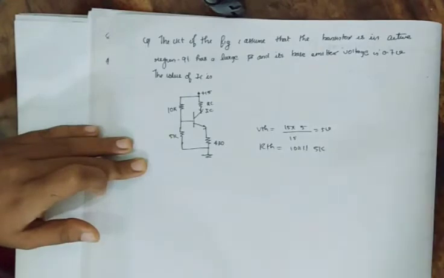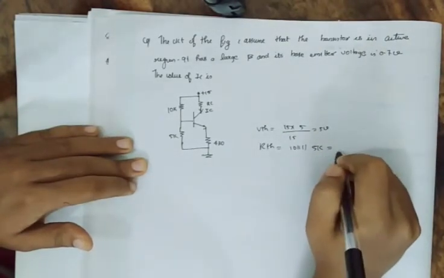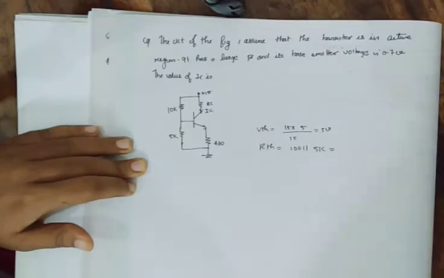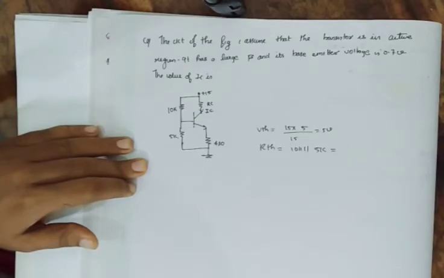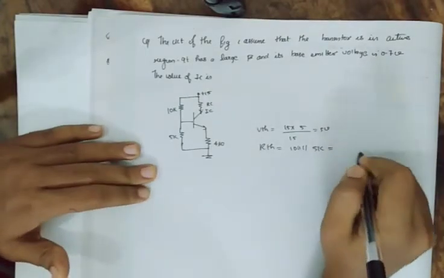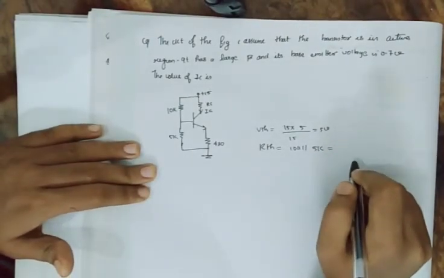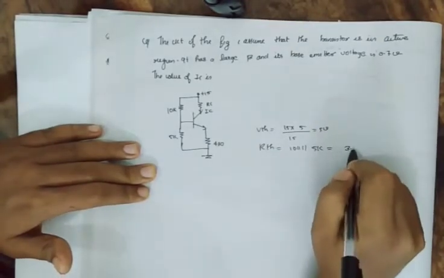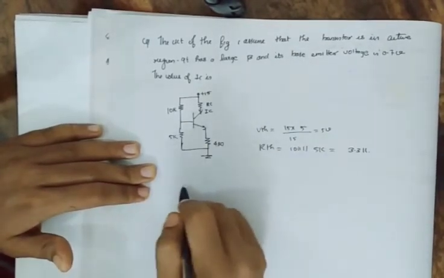What is 10K parallel 5K? 10 into 5 divided by 10 plus 5. That will be 3.3 K.